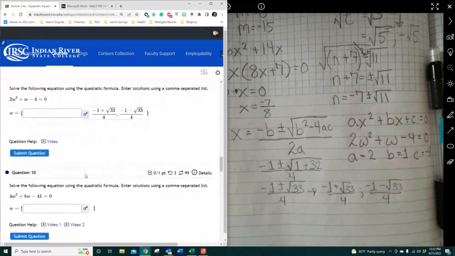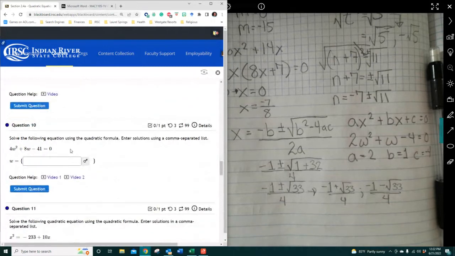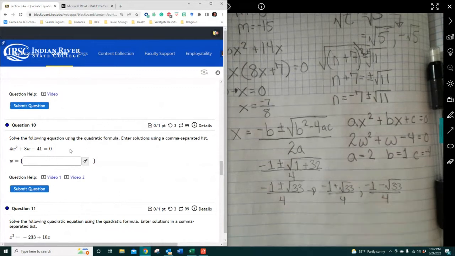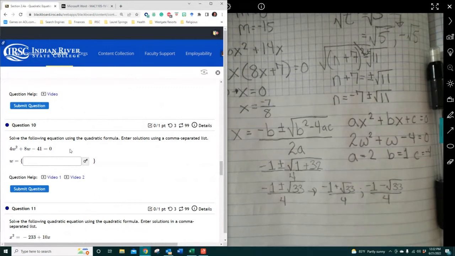Now the quadratic formula, you'd follow the same exact structure all the way through. I show you one, I show you them all. The key thing that you need to know is that you have to make sure that you reduce or simplify your radical.